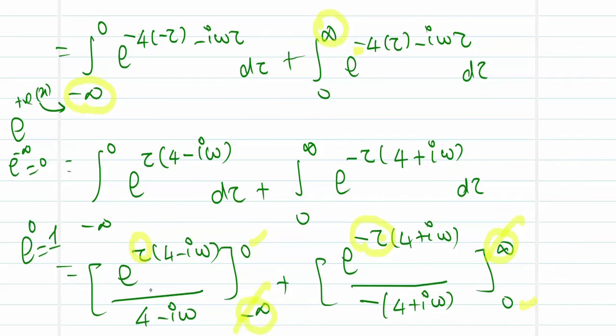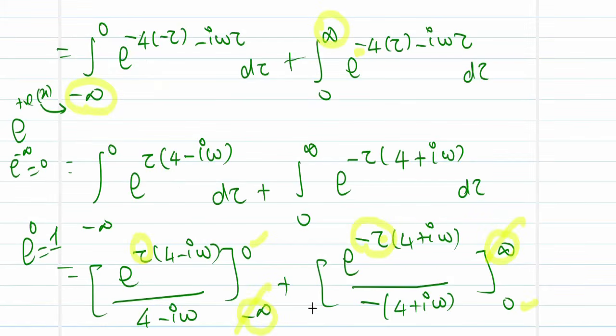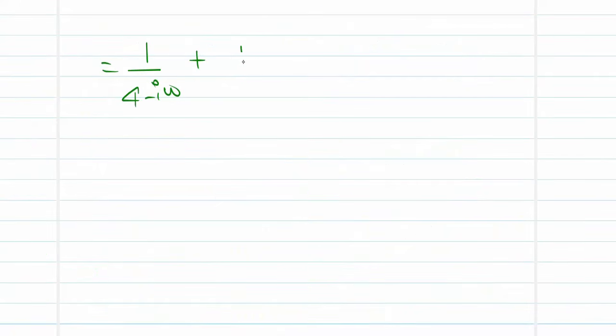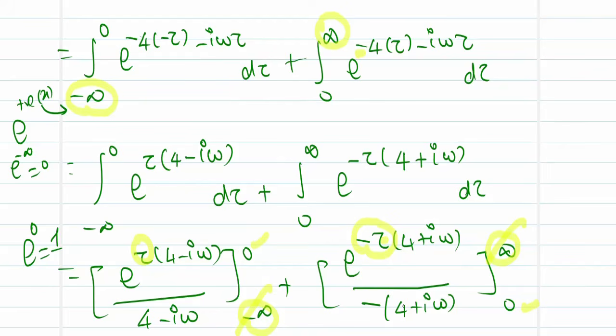E power 0 will be equal to 1. So upper limit will be 1 divided by 4 minus I omega for my first term, and for the second term upper limit minus the lower limit, minus of minus will become plus, so this will become plus 1 divided by 4 plus I omega. So this is going to be my second term.